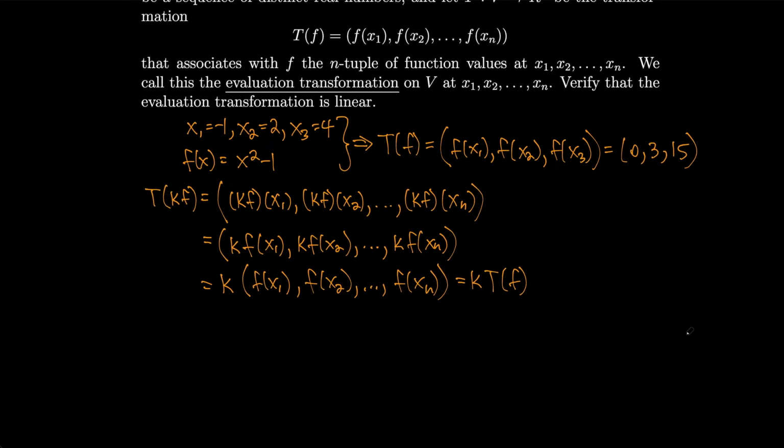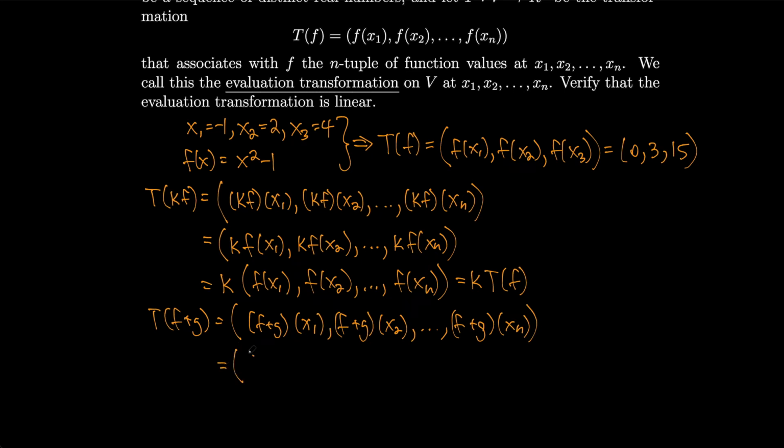So now we just have to check additivity. Let's do T of f plus g. So that would be f plus g evaluated at x1, f plus g evaluated at x2, all the way through f plus g evaluated at xn.